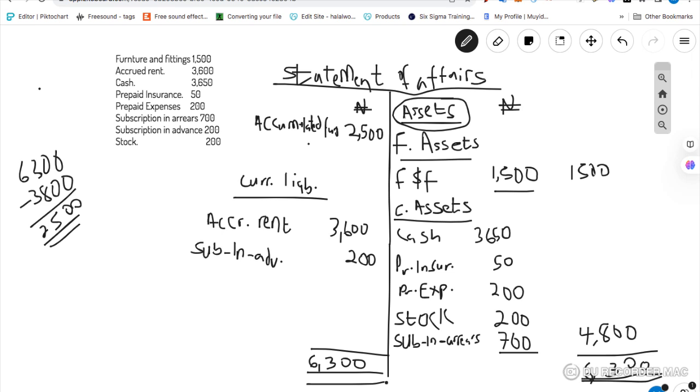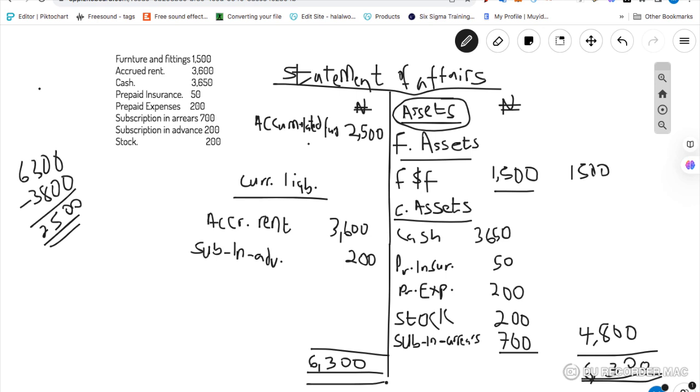For example, if I have a cash transaction with someone, I want to buy some goods for my business, I'll be paying cash. When I pay cash, I'm going to be receiving back value as stock. So right now, my stock account will be debited with the value that I've received for the stock purchase, and I'm going to credit my cash account for the cash that I am parting with, okay. So you can see that there are two transactions being treated here. That is one for cash and one for stock account.